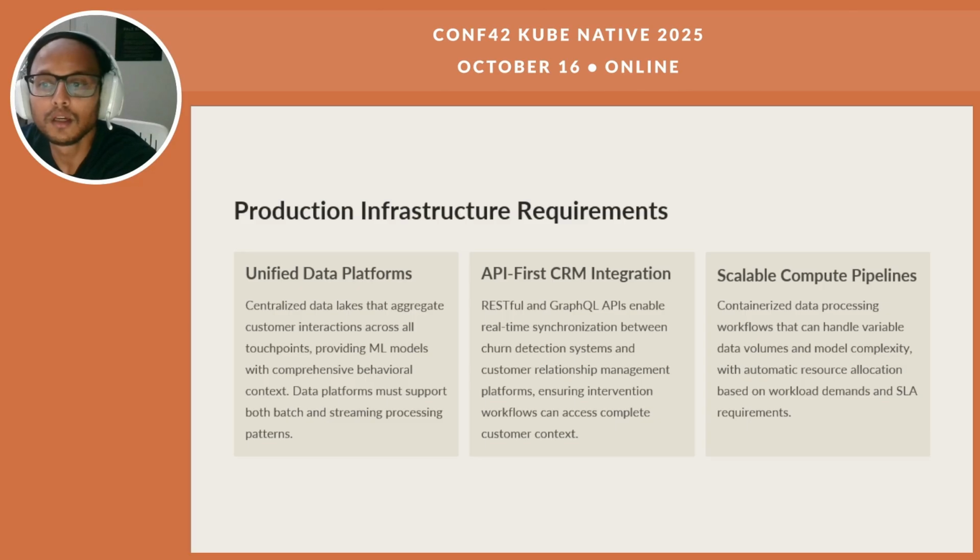So RESTful and GraphQL actually enable real-time synchronization and ensure that these intervention workflows have complete customer context. And then the third thing is having scalable compute pipelines. So this helps containers have automatic resource allocation and scale up or down as the workload requirements change. So all these three are essential elements to make sure we're able to make this a production ready system.